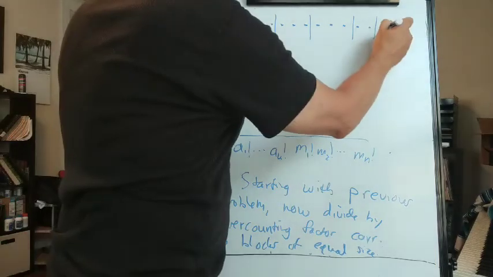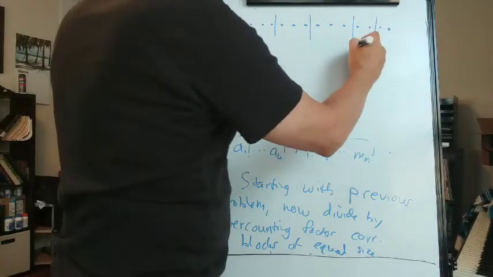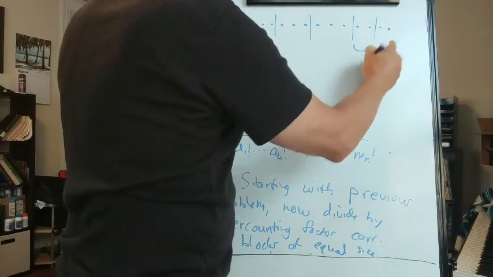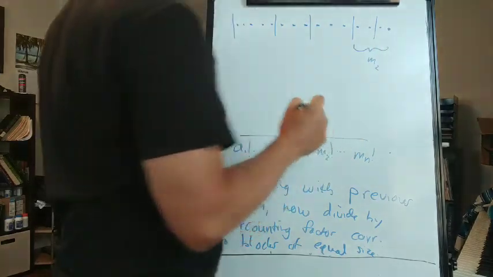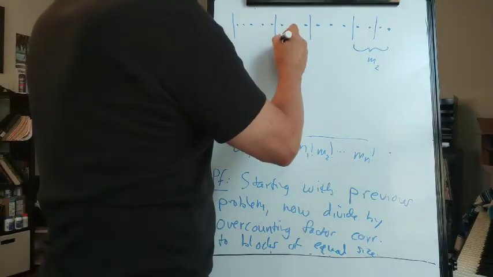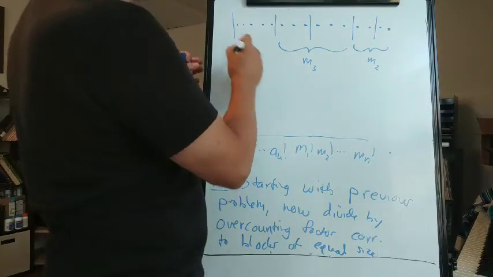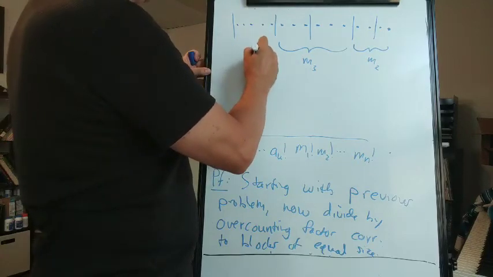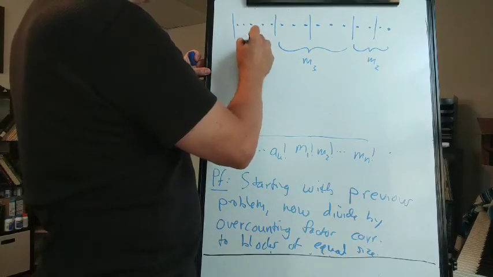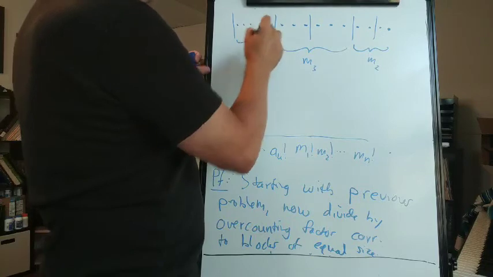So if there are any blocks of size 2, let's let m2 be the number of them. If there are any blocks of size 3, m3 is the number of them. Maybe there's only one block of size 5.